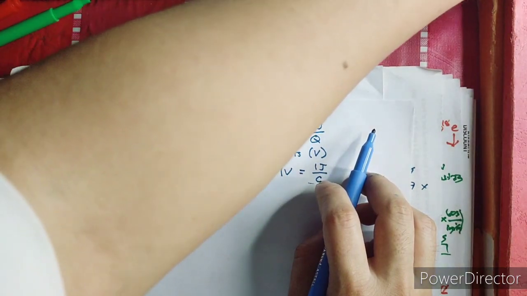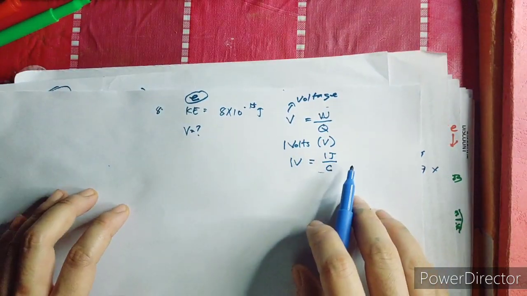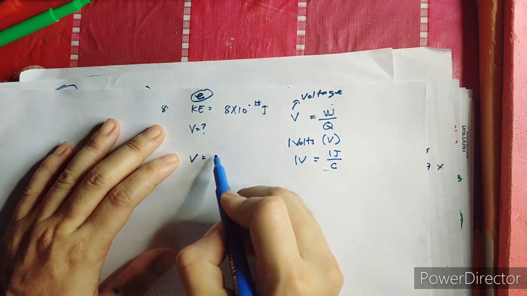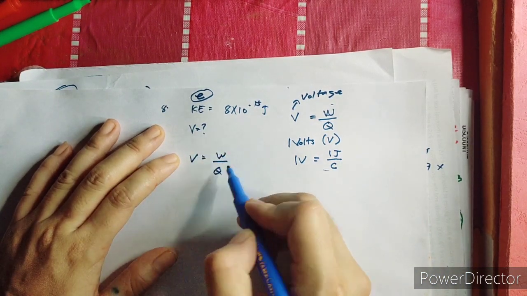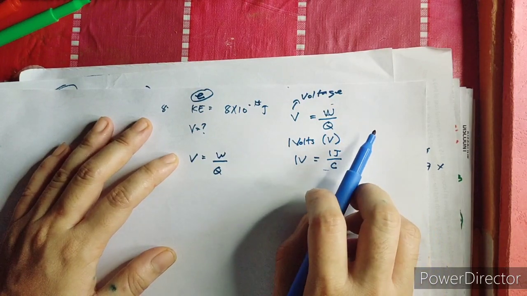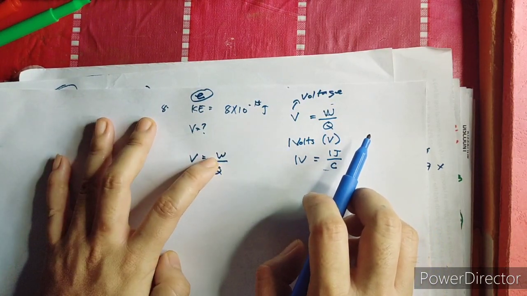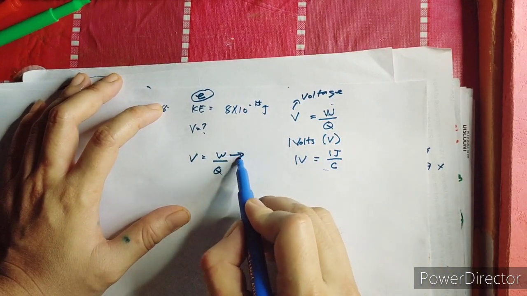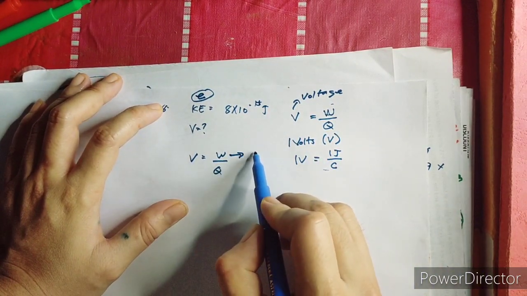So, paano kaya ito? Voltage equals work over charge. So, sa discussion ko kanina, sinabi ko na yung work done ay equal sa energy transferred. So, pwede natin palitan dito si work ng energy transferred.